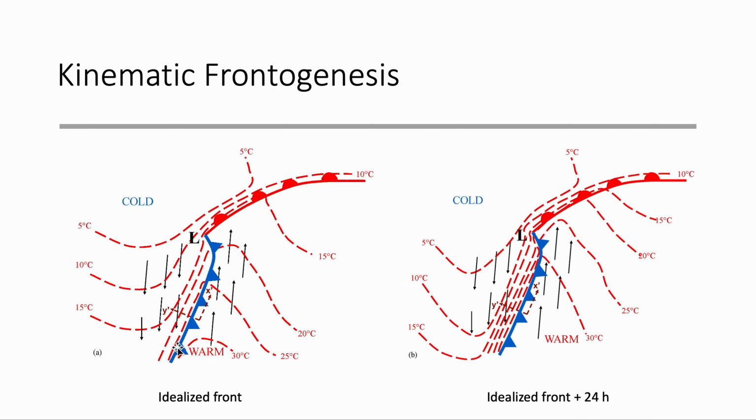Let's imagine a situation like this one, where we have a cold front over here, warm front over here. Probably there are some cyclones, some low-level cyclone that is intensifying over here. And the x-axis is directed in this direction, and the y-axis in this direction over here. Notice the shape of the isotherms. So we have a pretty warm isotherm over here, 30 degrees, 25, 20, 15, and so forth. And here we have 15, 10, 5 Celsius degrees.